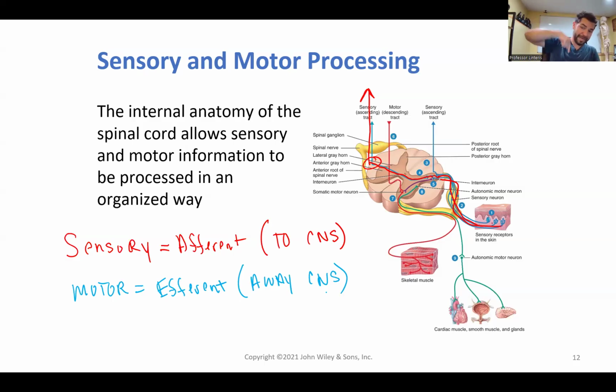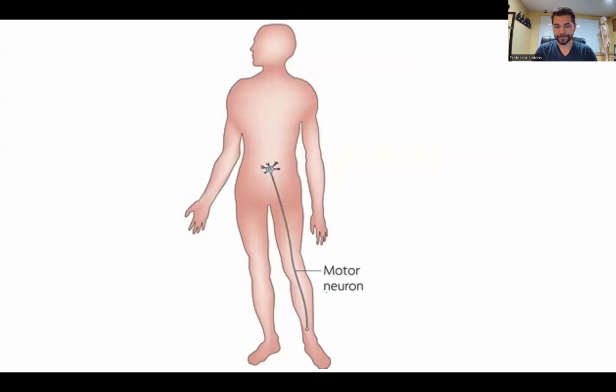Whether that's going from the brain down and out, or from the spinal cord out directly, and it's usually going to go to a muscle or a gland or something like that. So sensory afferent to, motor efferent away. This is our motor neuron here that I was just talking about, going down, branching off the spinal cord, going to some muscle, causing contraction, resulting in movement or something.